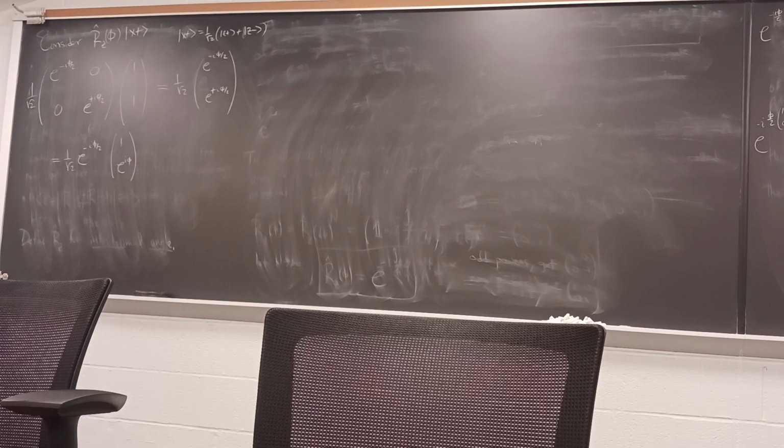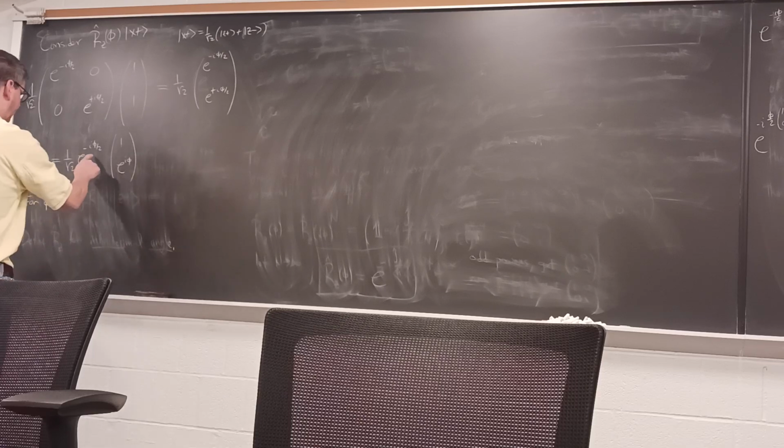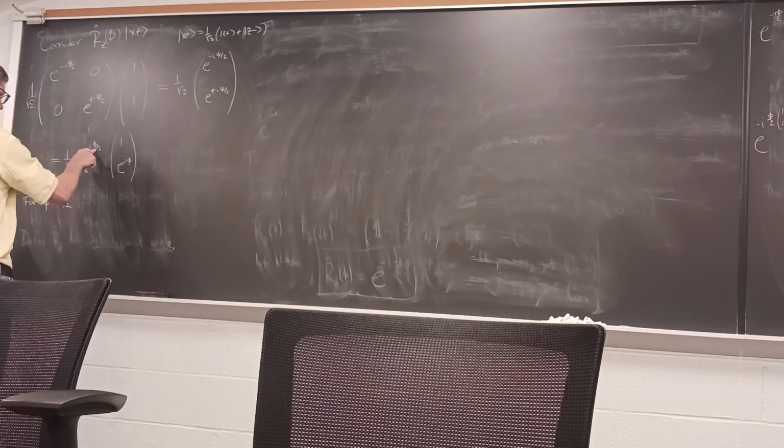And let's plug in pi over 2. So for phi equals pi over 2, this will be e to the i pi over 4.